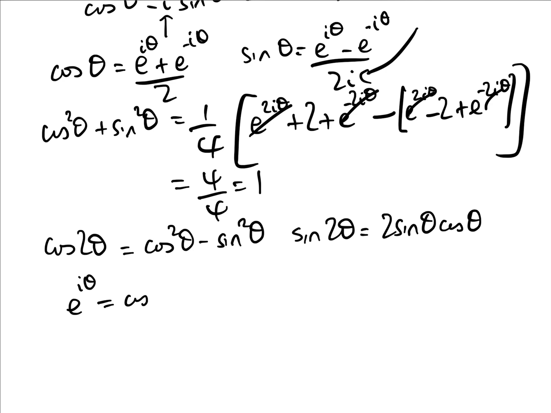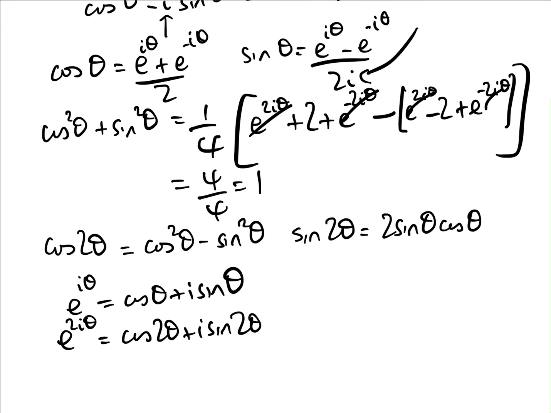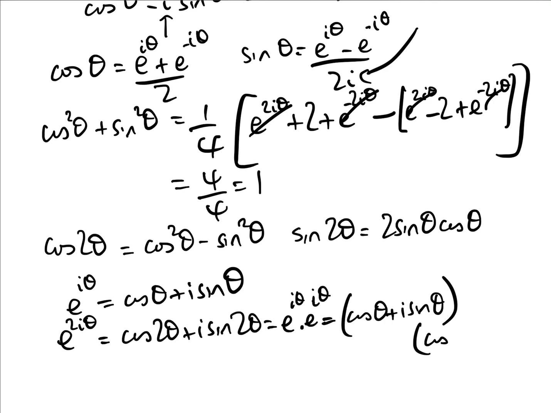Well, again, e to the i theta equals cos theta add i sine theta, so e to the 2i theta is equal to cos of 2 theta add i sine of 2 theta, which equals e to the i theta times e to the i theta, which equals (cos theta add i sine theta) times (cos theta add i sine theta).